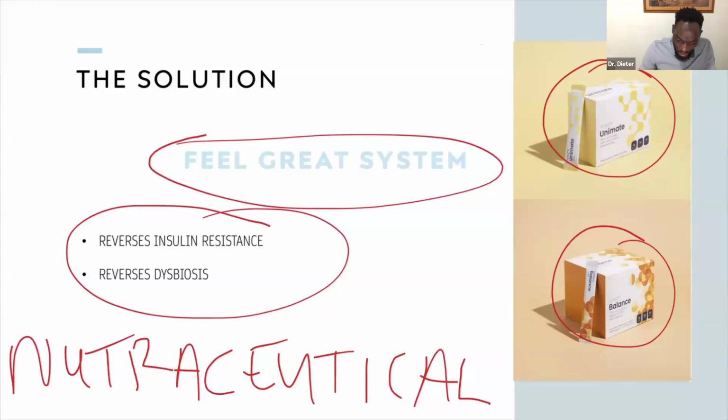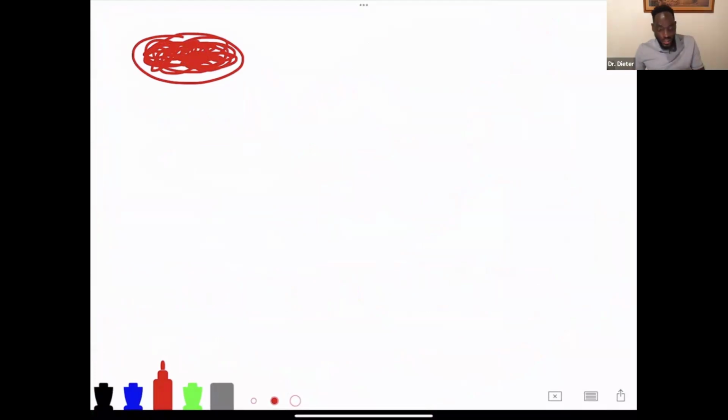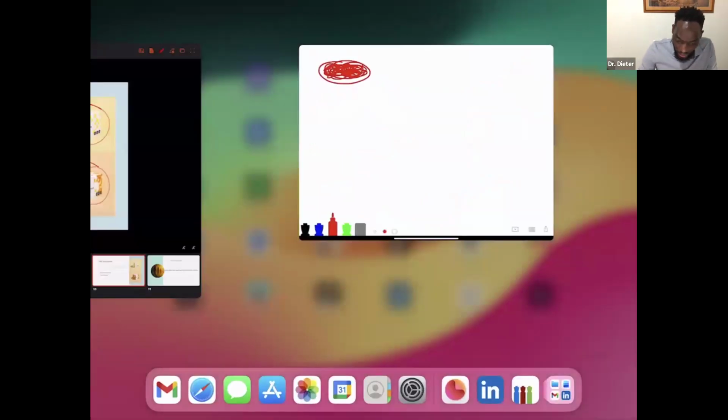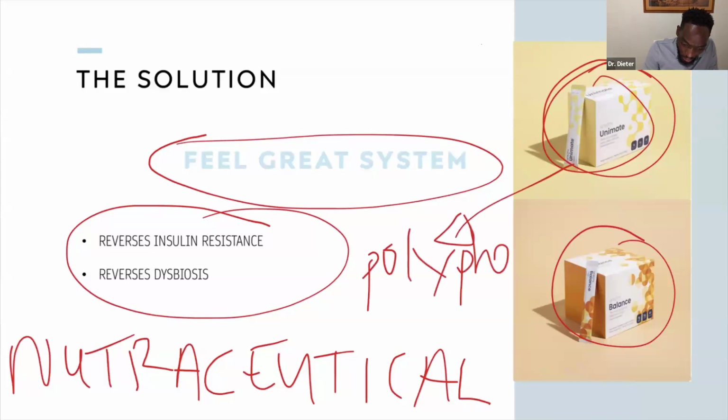How? Remember that the way you developed insulin resistance was a cell that was filled with fat. When the cell was filled with fat, it occupied the place in the room that glucose needed to go in. Glucose could not enter the cell. As a result, energy could not be made. You now have a product like this called the Unimate, which contains a special phytonutrient called polyphenol.